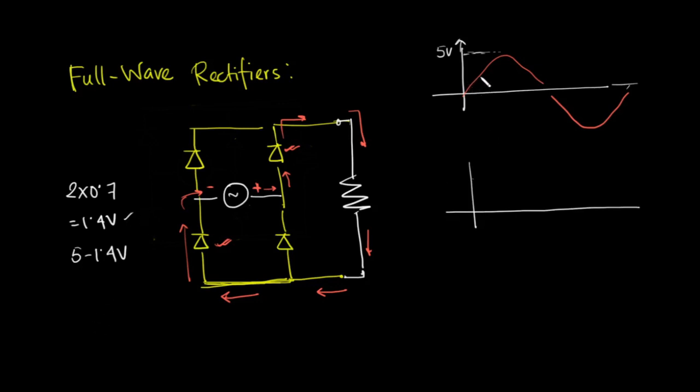Suppose this is the 1.4 volt threshold. A full wave rectifier will turn on when the input crosses this threshold. Similarly, it will turn off if the input falls below this threshold. So the output will look like this.